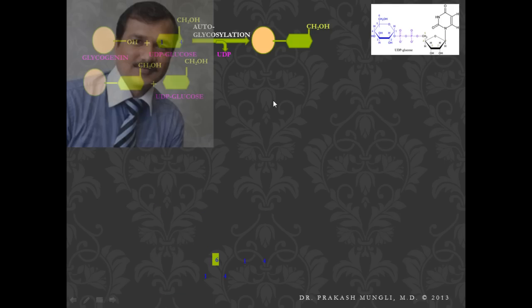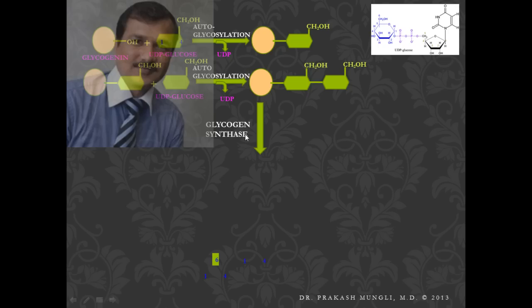Now one more UDP glucose will come and the same autoglycosylation process happens, UDP is released and glucose is attached. So once the primer is synthesized, basically now this is the primer with 6 glucose residues attached. Of course I have shown it as 2 here because of the space. So now the glycogen synthase will bring in UDP glucose and attach it to the glycogen primer.